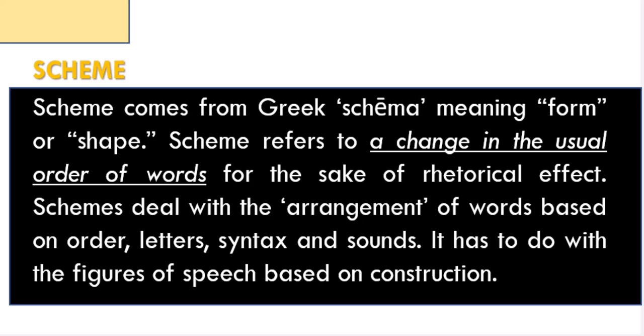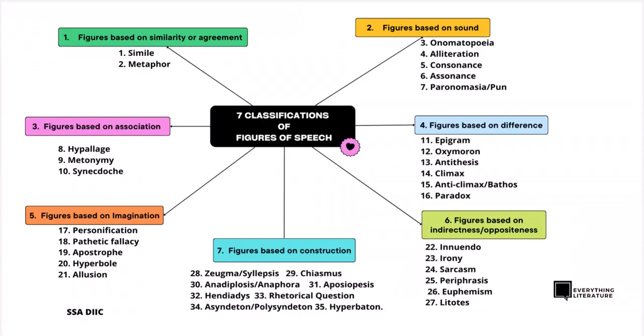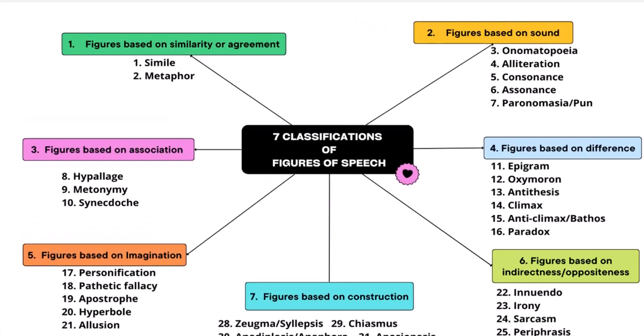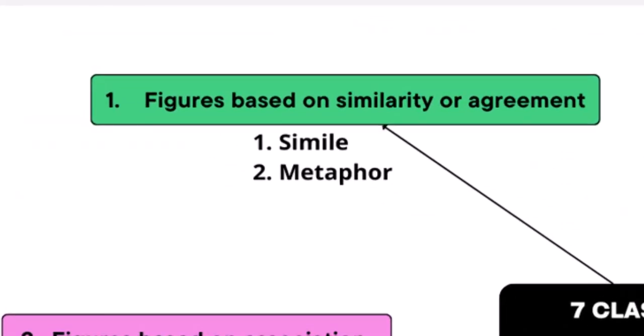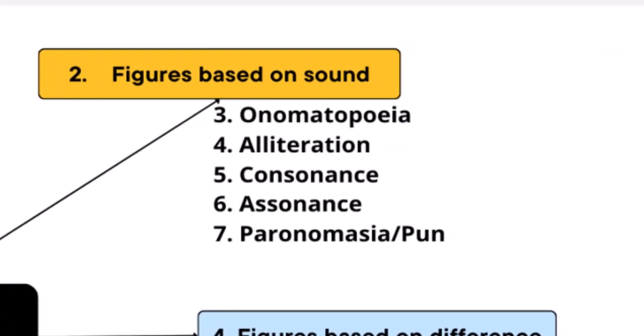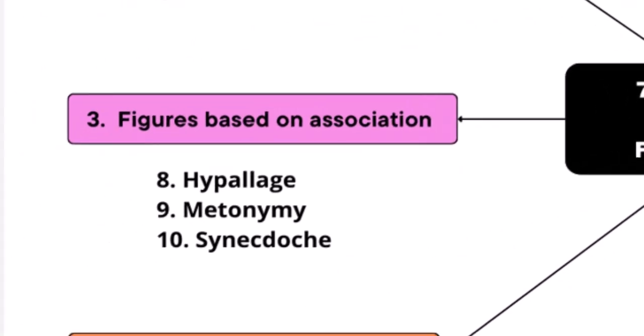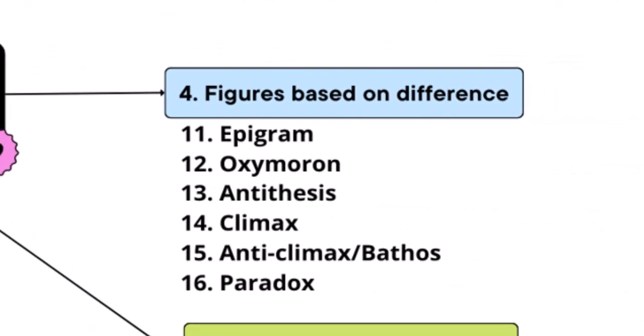Remember, we have already taken a look at the 7 classifications of figures of speech, and today's class happens to be the last one under this series, where we've already discussed figures based on similarity or agreement. We have simile and metaphor under that. Figures based on sound, we have onomatopoeia, alliteration, consonance, assonance, paronomasia, pun. We have figures based on association, we have apology, metonymy, synecdoche. Figures based on difference, we have epigram, oxymoron, antithesis, climax, anticlimax, paradox.